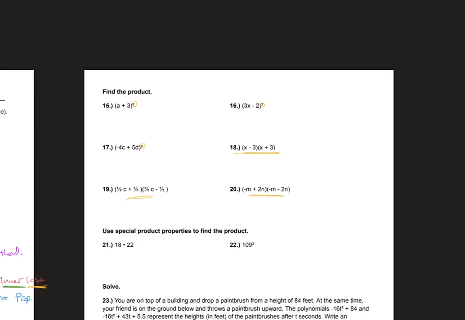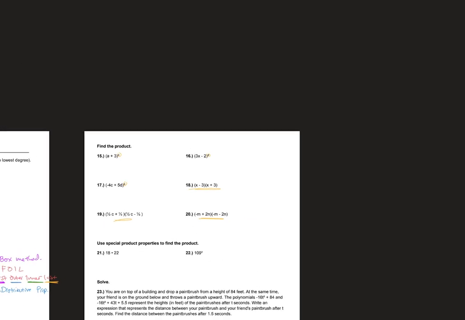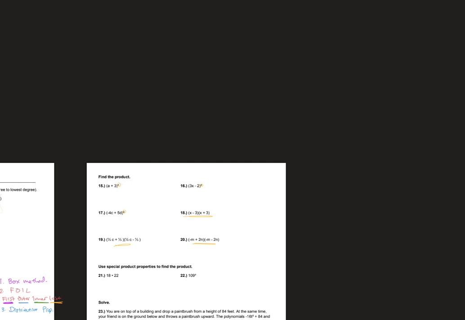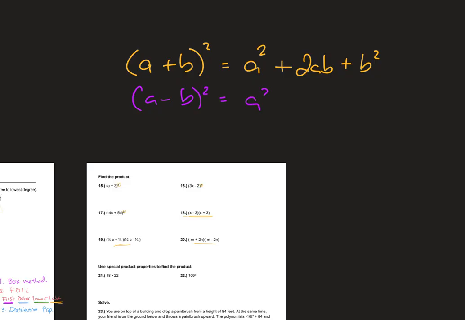Now, 7-3, what was special about it is if we had a plus b squared, we could pretty much just think through this and go, oh, well, listen, that would be a squared plus 2ab plus b squared. We could also have this. A minus b squared is going to be a squared.